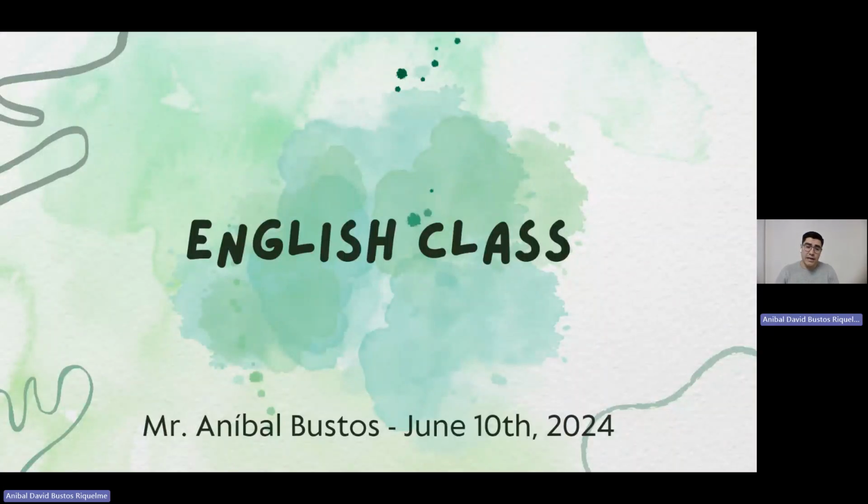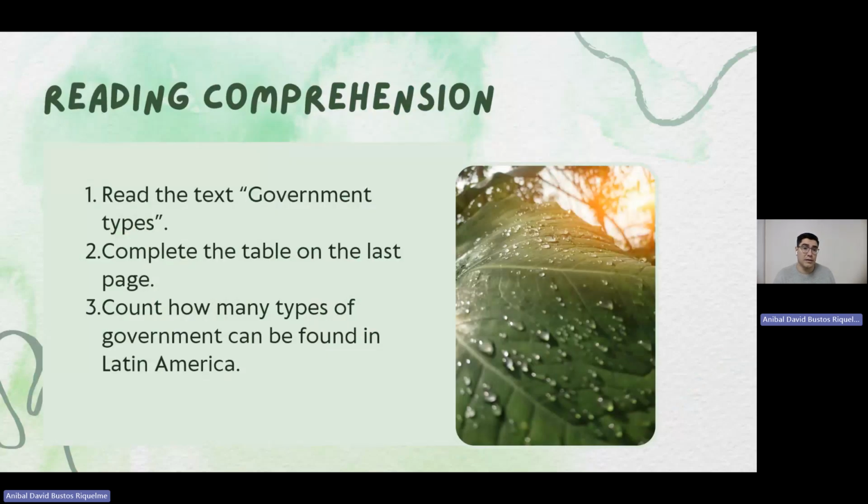The topic for today, or one of the main topics, is types of government or government types. So I have a short reading comprehension for you. This activity implies that you first have to read the text, which is called government types.